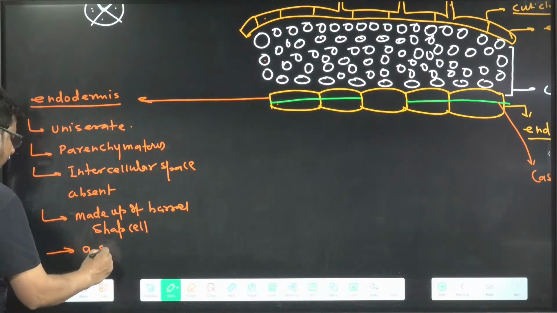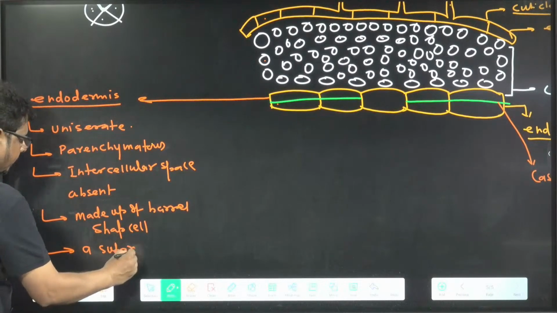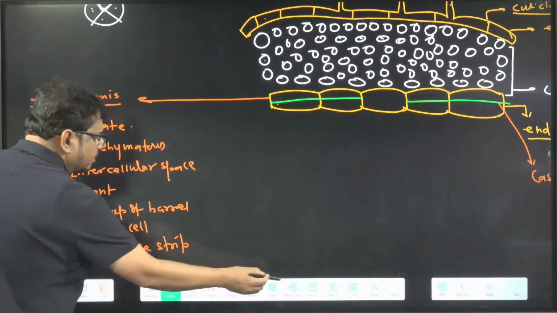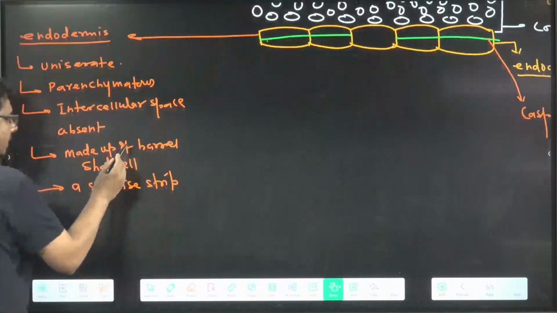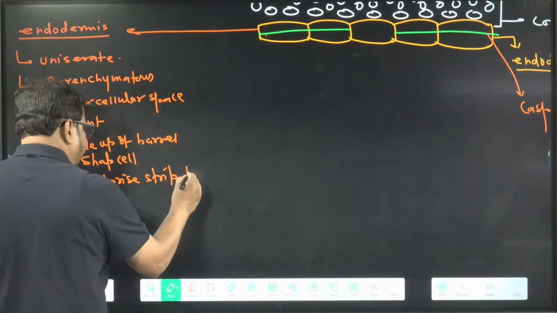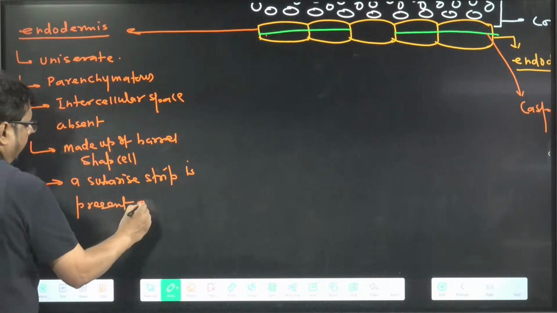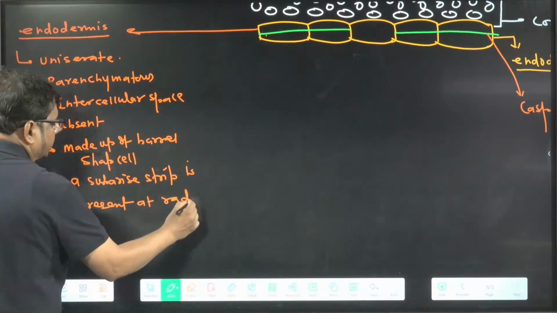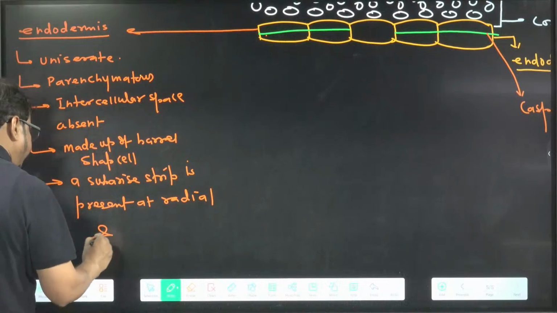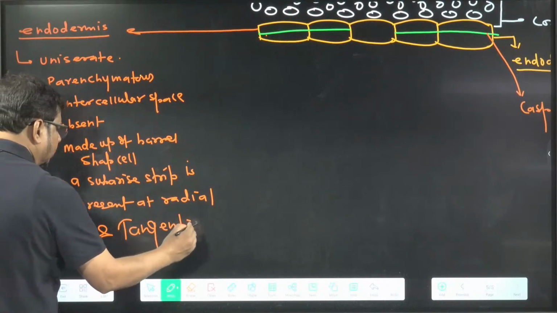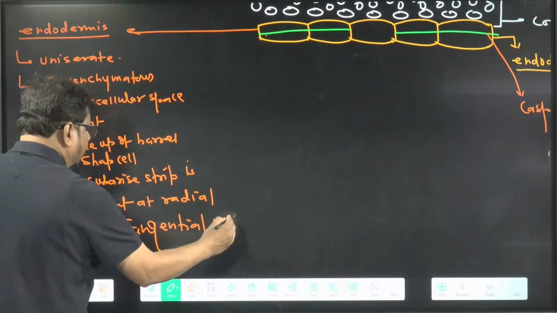A suberized strip. Suberized means made up of suberin. A suberized strip is present at the radial and tangential wall of the endodermis.